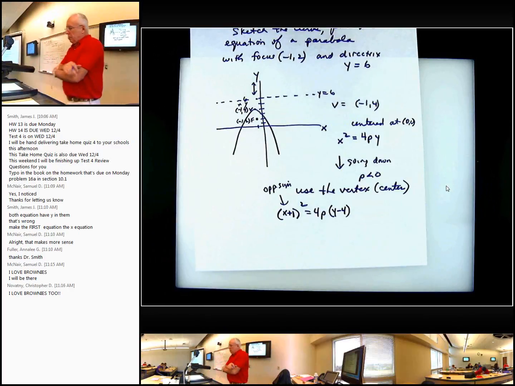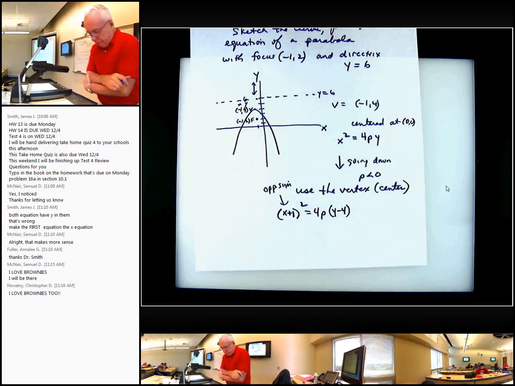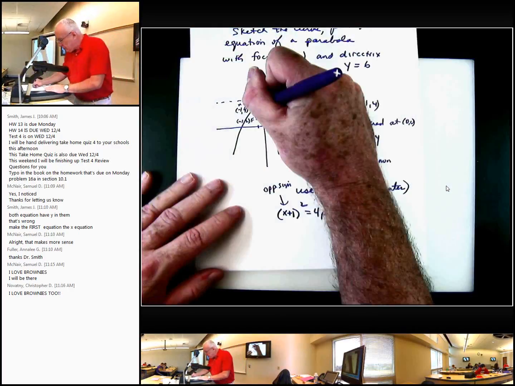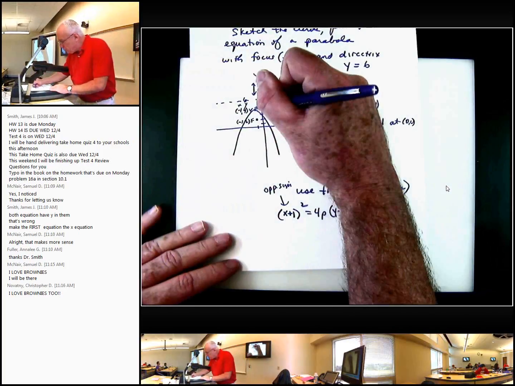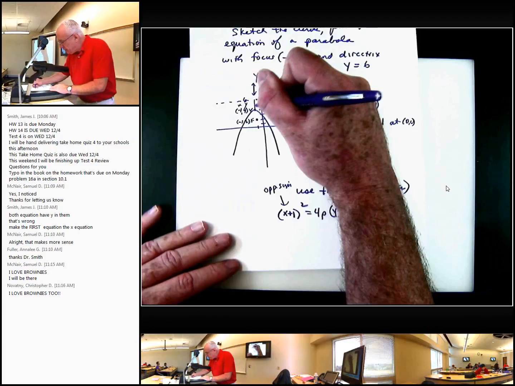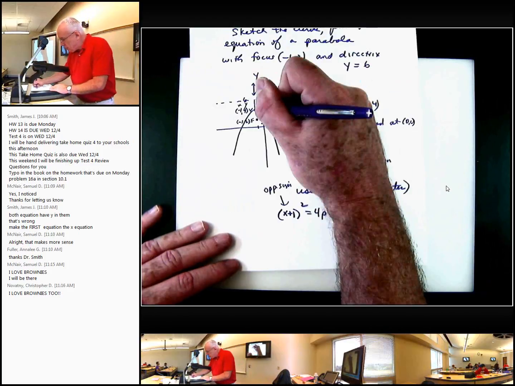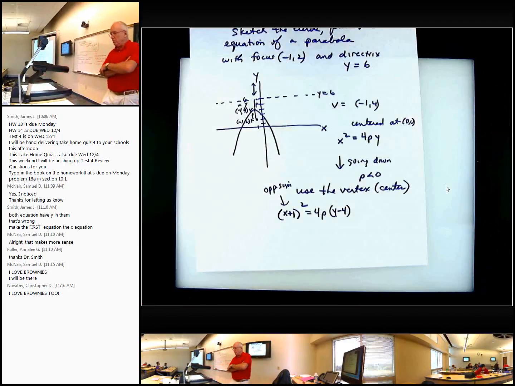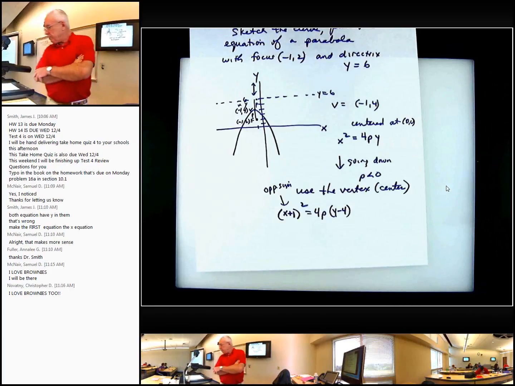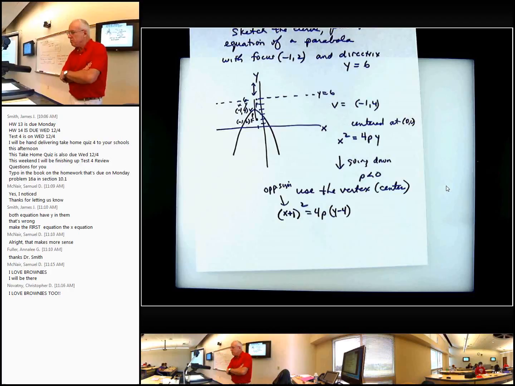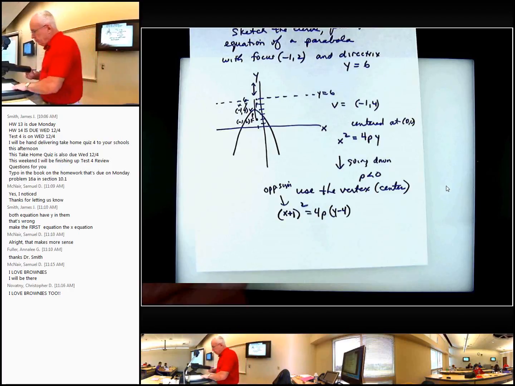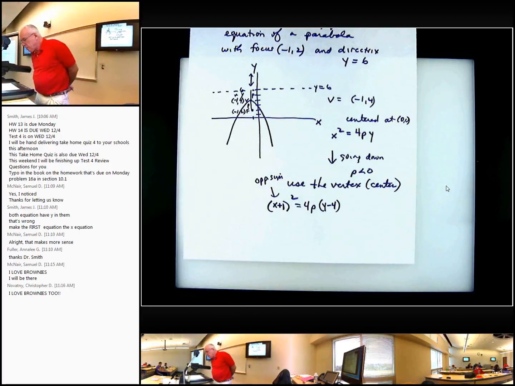Well, p basically is, if we look at our vertex here, this distance here as well as this distance here. All right? So let's see. The distance there is equal to the distance there, right? All right. So what would p then equal?